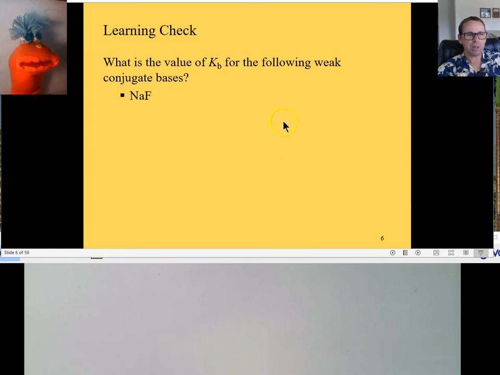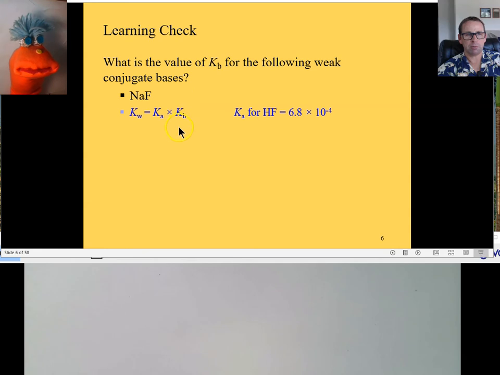So what's the Kb for sodium fluoride? Well, we need to know that the Ka for HF is 6.8 times 10 to the minus 4. If we didn't have that, we could look it up online, but you could always look up the Kb for the fluoride ion. So Kw, 1 times 10 to the minus 14, divided by this will give us our Kb for what?